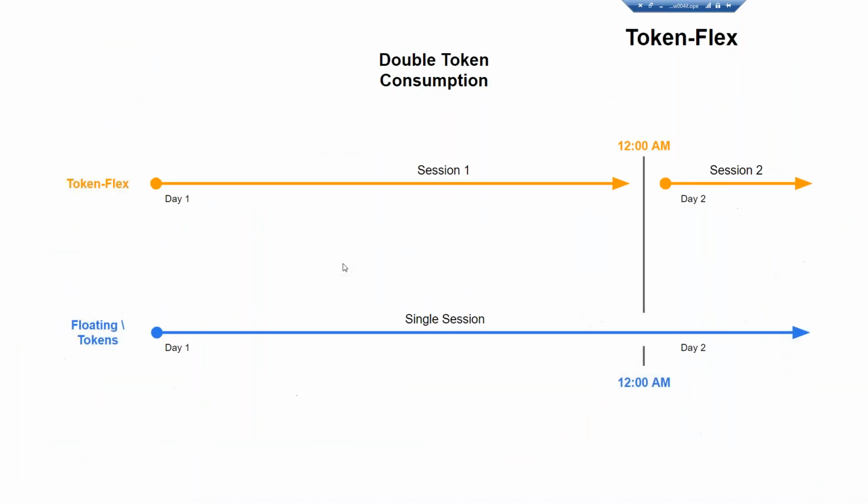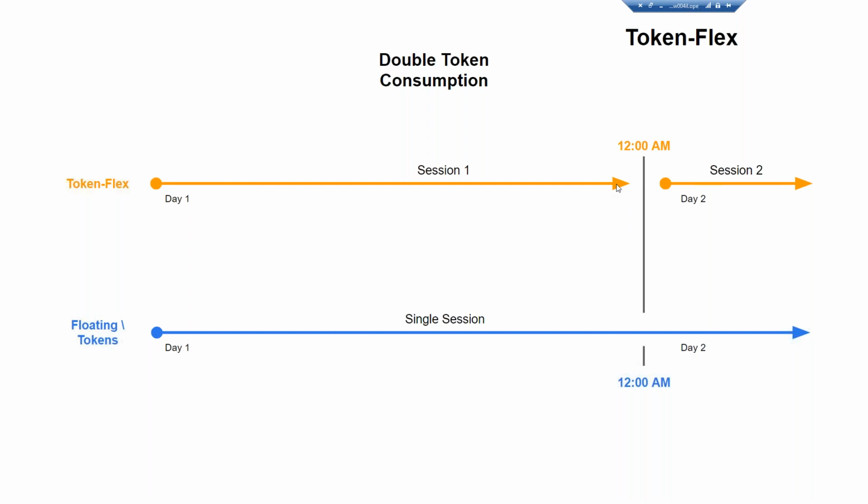Now let's go back to this slide. Let's say right around midnight, OpenLM will check who is idling and will just kick them off, meaning it's about to be 12. Well, check who's idling.